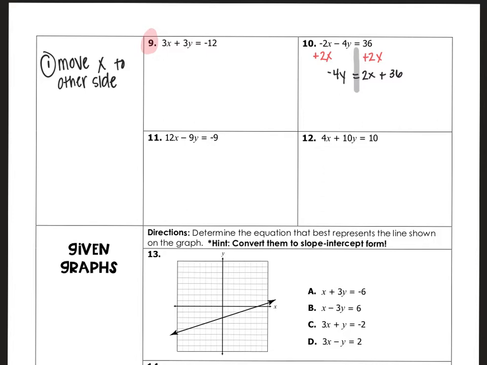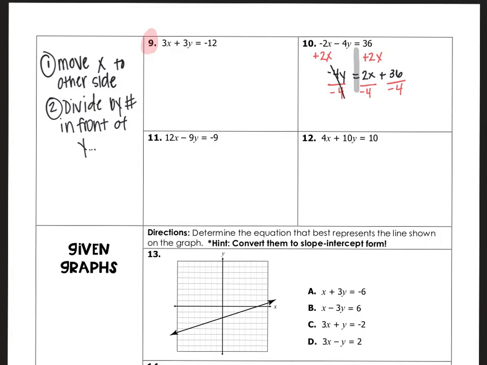And then our second step is to divide by the number in front of y. So that number here is negative 4, so we're going to divide everything by negative 4.